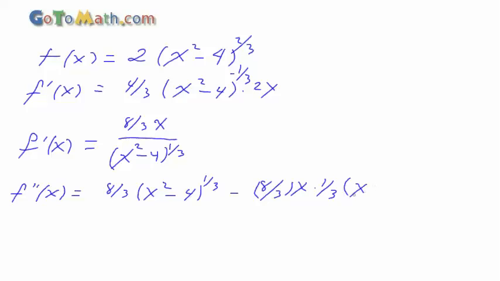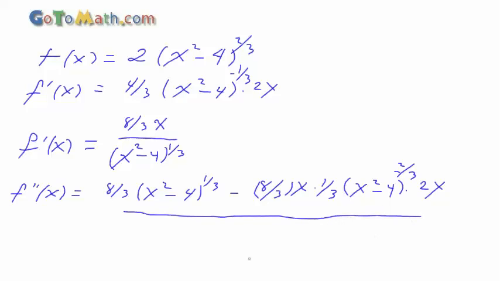And so we end up with x squared minus 4 raised to the negative 2/3. Right. And then derivative of the inside, chain that out, so we have 2x. And that's going to be all over, if I can draw a straight line, x squared minus 4, and because we're squaring this, we're going to end up writing 2/3 here. Okay.